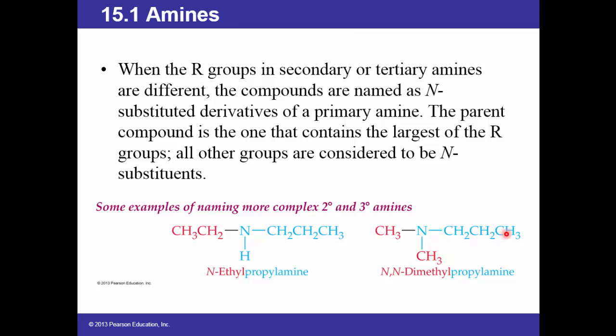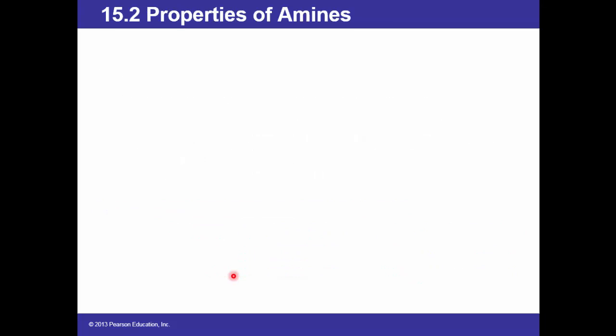Now again, in this case, propylamine is the parent one, but here we have two substituents. So we put N,N-dash, and we have N,N-dimethylpropylamine. Now this is a complex tertiary amine. So we have a complex secondary amine and a complex tertiary amine. Notice here we put N for the substituents.